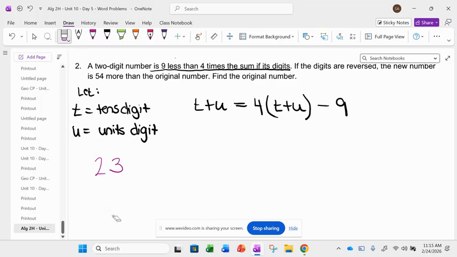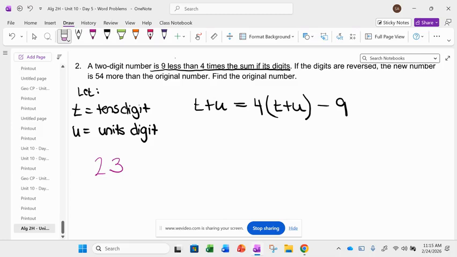No, that 2 is not 2. That 2 is 2 groups of what? 10, and that 3 is 3 ones. So let's think about 23 using tens and units. It would be 2 times 10 plus 3.